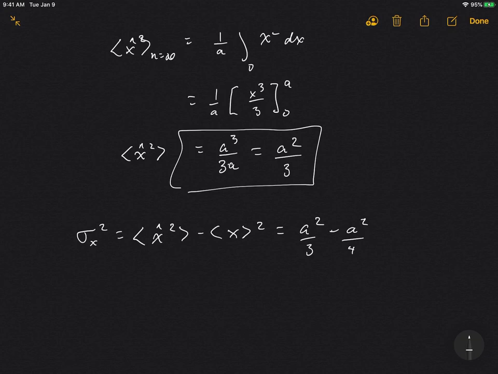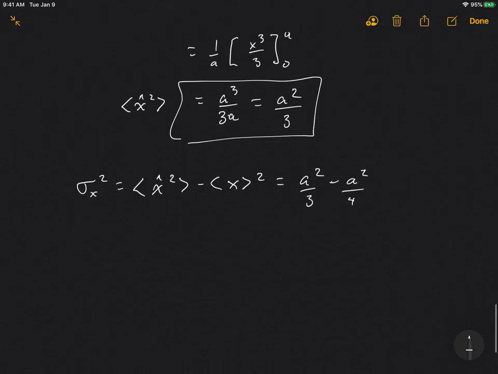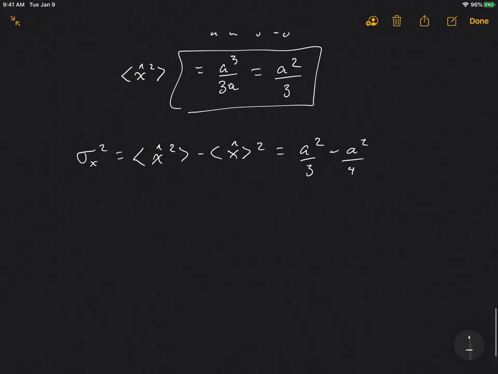A squared over 4, and let's see, one third is larger than 1/4, right? So this is going to give us a positive value. That's another thing, we expect variance to always be 0 or a positive value. If you're getting a negative value, that means there's a mistake somewhere. Okay, so that's another consistency check.